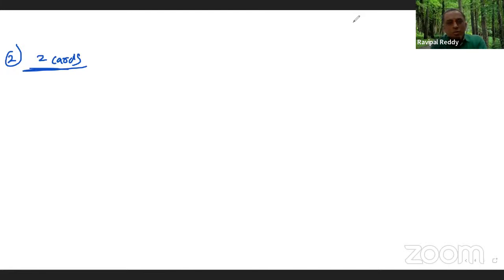Now, what is the difference between the previous one and this one? In the previous case, we took only 1 card, but now we are taking 2 cards. What is the meaning of shuffle? Shuffling means mixing. Well shuffled pack of cards.